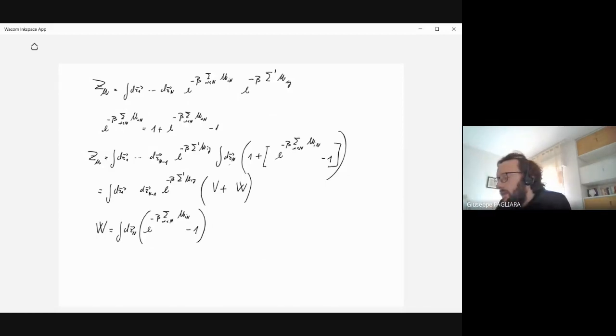Now the thing is that we have to approximate this function W, because this is the complicated part. But we can provide some motivation for an approximation, at least in the limit in which the density of the particles is small.